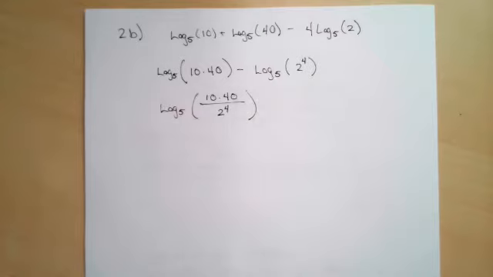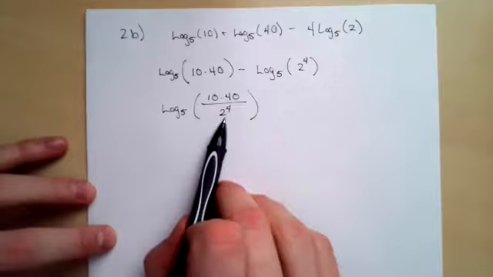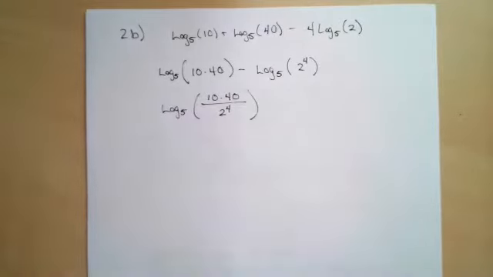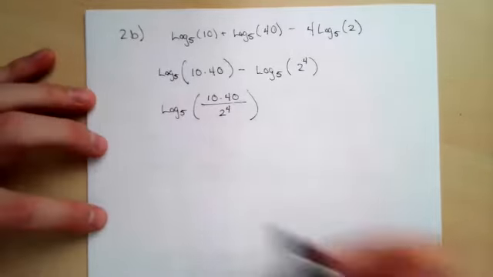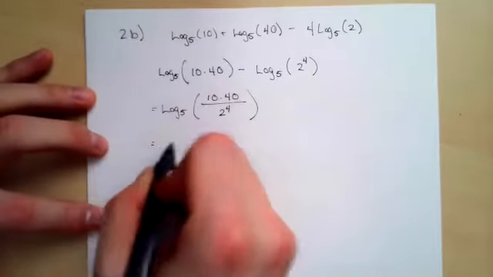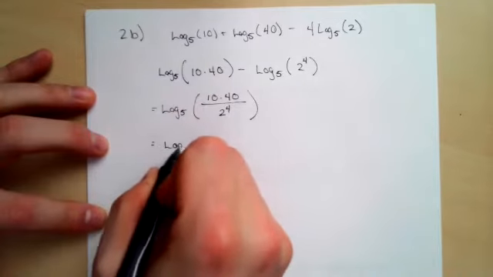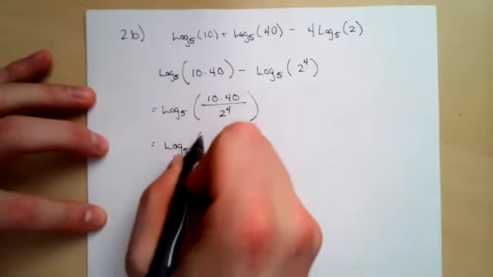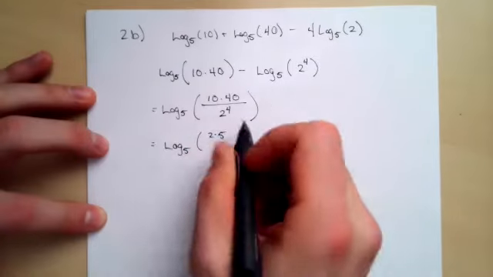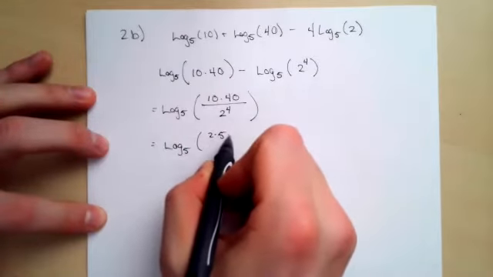And now what you want to do is factor the numbers that aren't factored entirely. This 2 to the 4th is in its prime factorization. 2 is a prime number, and we've got 4 of them multiplied together. But 10 and 40, we can break down a little bit more. So 10 is 2 times 5. 40 is 10 times 4.